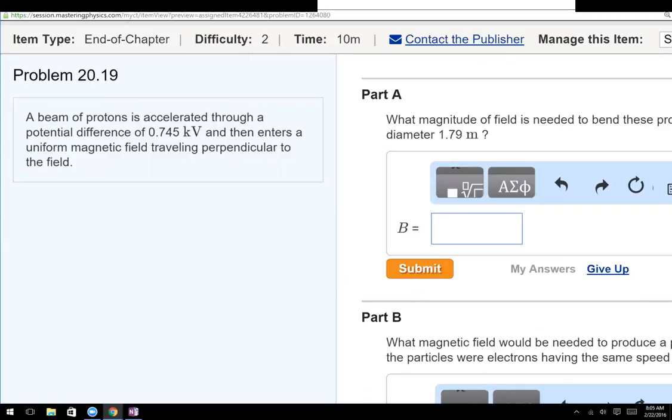Basically, all we need to do is find the velocity of the protons as they get into the field. Then we set the magnetic force equal to the centripetal force, and then we can solve for the magnetic field.